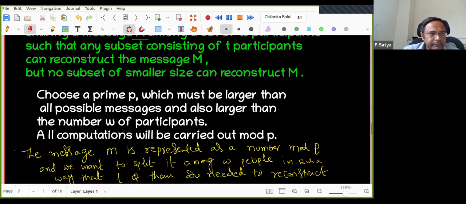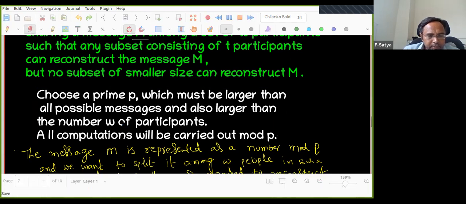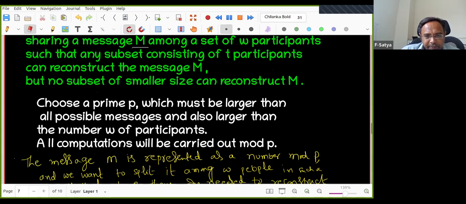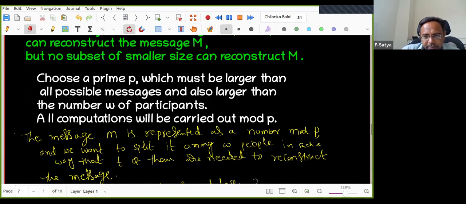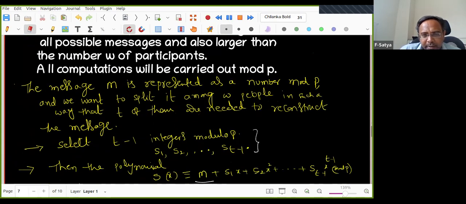The message m is represented as a number modulo p, and we want to split it among the w people in such a way that t of them are needed to reconstruct the message. Is this part clear?